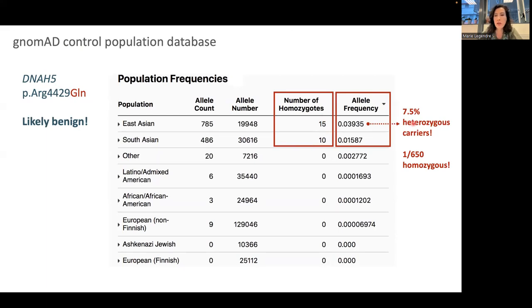In addition, it corresponds to a 7.5% heterozygous carrier proportion. So together this makes this variant much too frequent to be responsible for such a rare disease like PCD. So that's rather in favor of a benign variant.